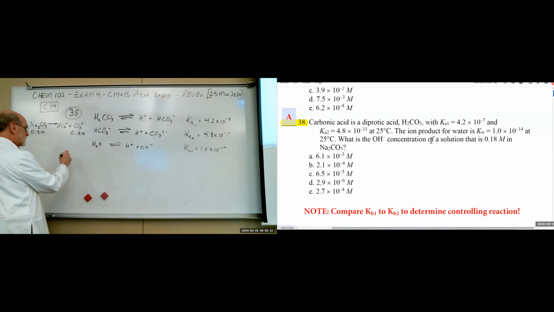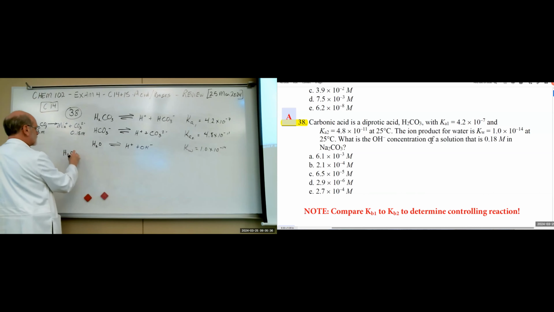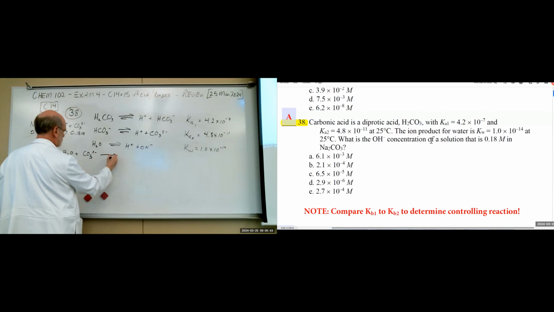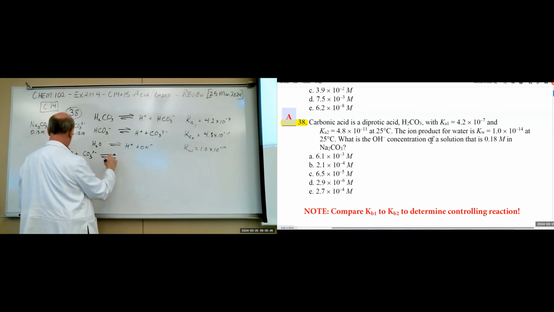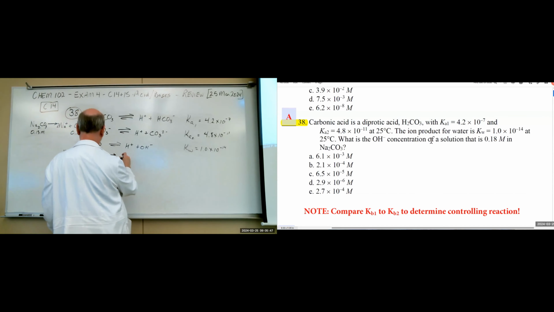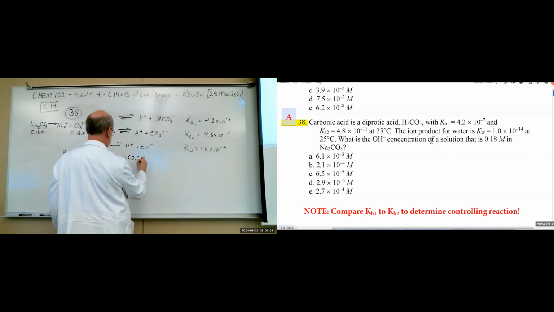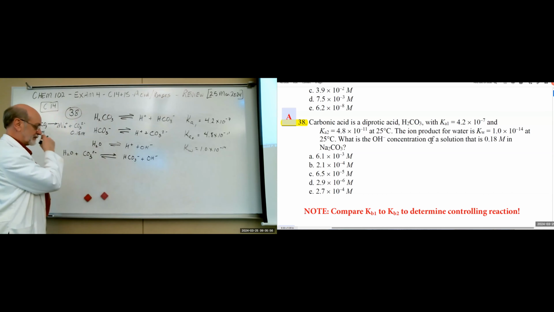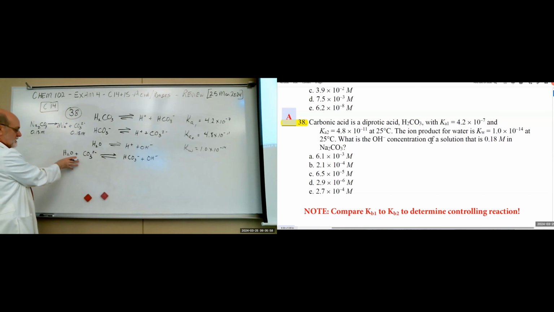The pH is actually being determined by this reaction: H2O plus CO3 2 minus yields HCO3 minus plus OH minus. That's the reaction that is calculating the pH.